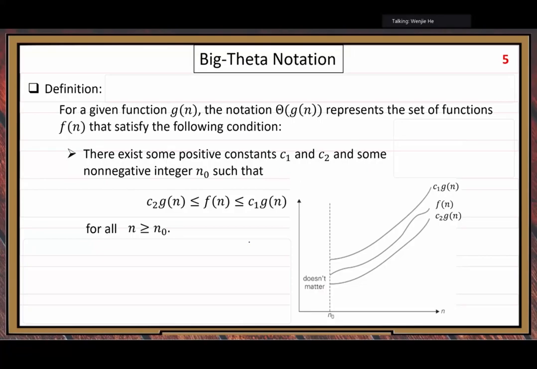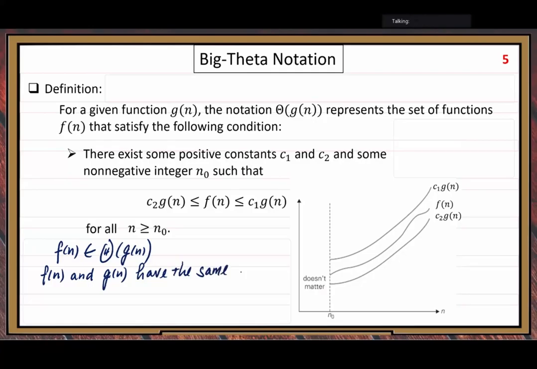So in our conclusion, there are two parts. The first one: f of n belongs to big theta of g of n. Second one: f function and g function have the same order of growth.